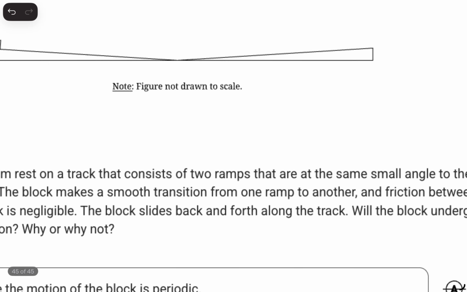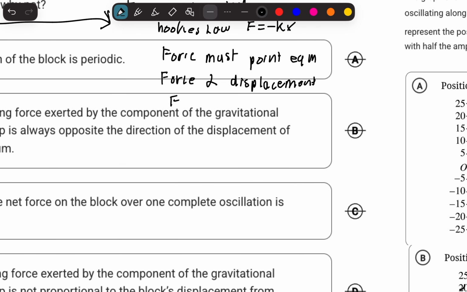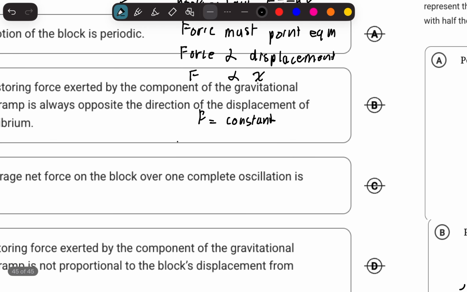Now let's compare with our simple harmonic motion requirement again. So F here is also going to be proportional to x, your displacement. But here your F is going to be constant, and that does not depend on displacement.